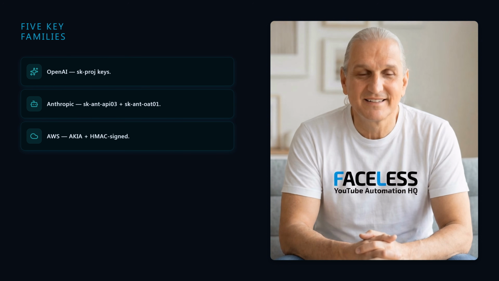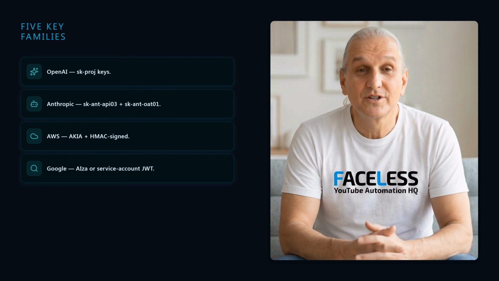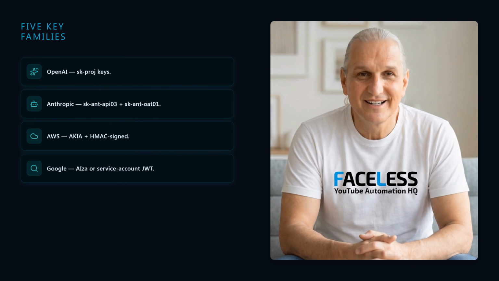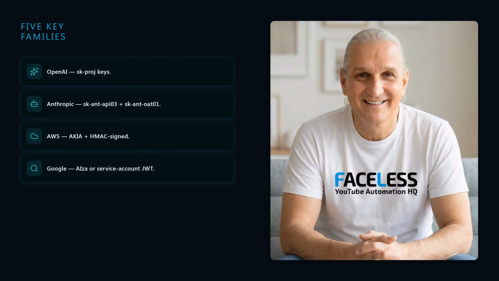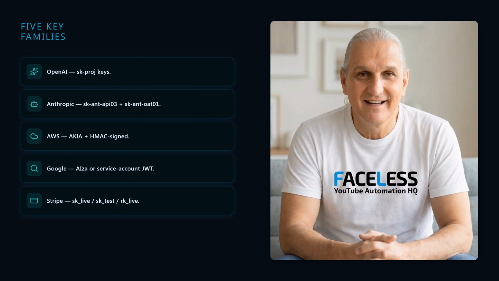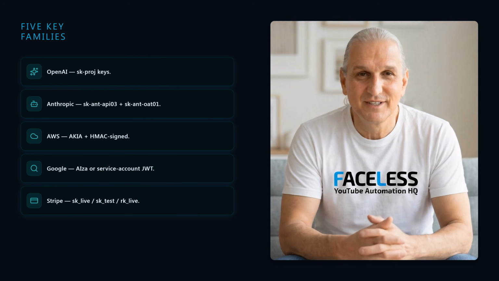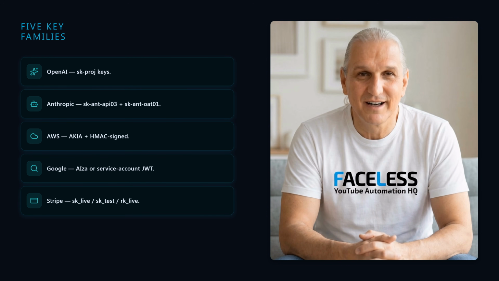Those are HMAC signed credentials. The request itself carries a signature, not just the key. Google issues either AIza API keys or service account JSON files containing private keys that sign JWTs. Stripe issues sk_live and sk_test keys, plus restricted keys, rk_live, that scope what the key can do.